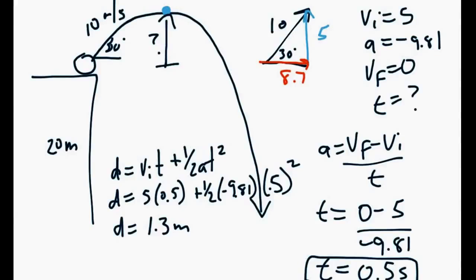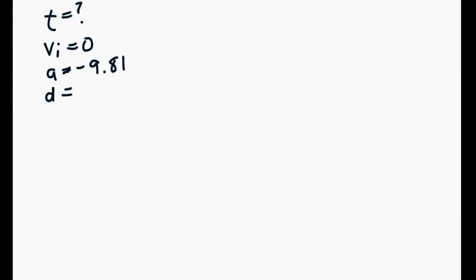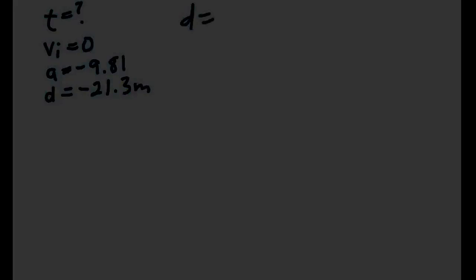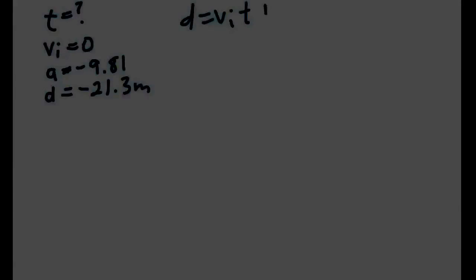So now when we go back to the question we were looking for the total time. You can see that we have a distance of 1.3 and a distance of 20 that we started. So we'd actually have a total distance that it's going to fall of 21.3 meters. So now we could calculate that time fairly easily. So let's use the distance equals VIT plus 1/2 AT squared once again.